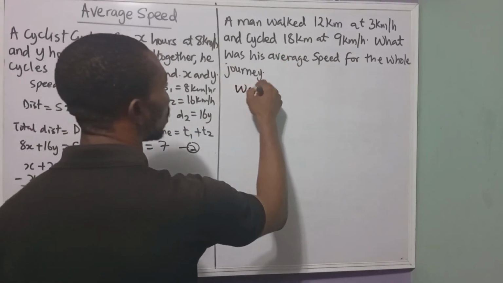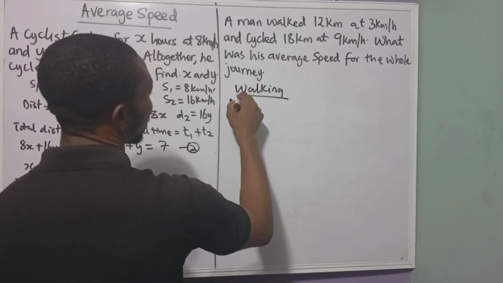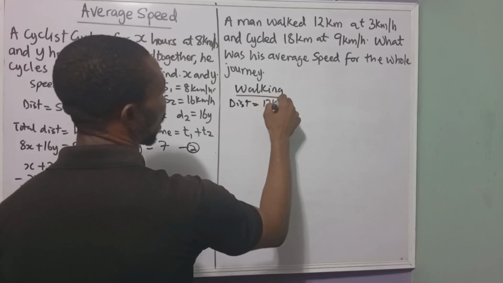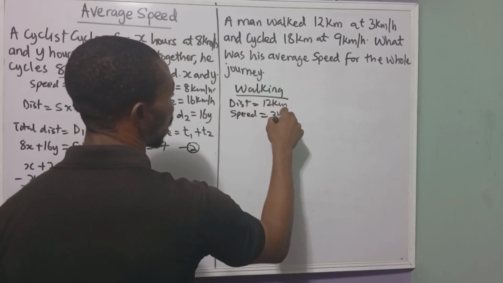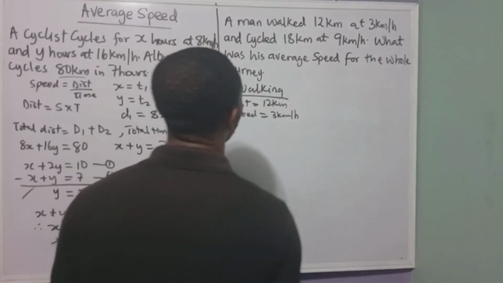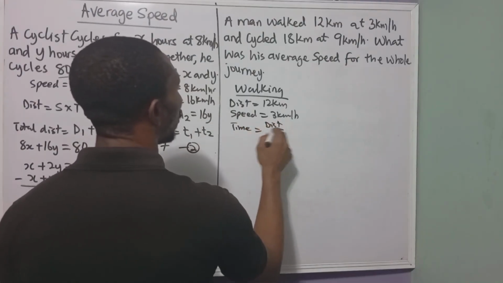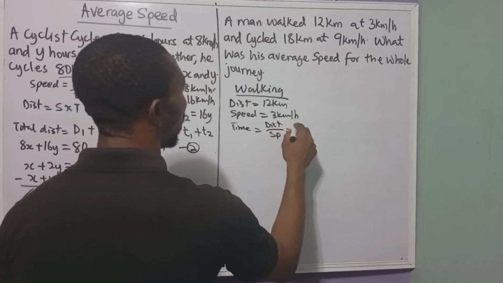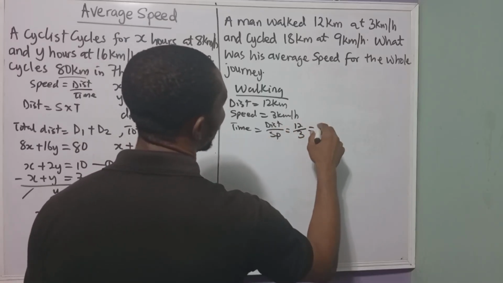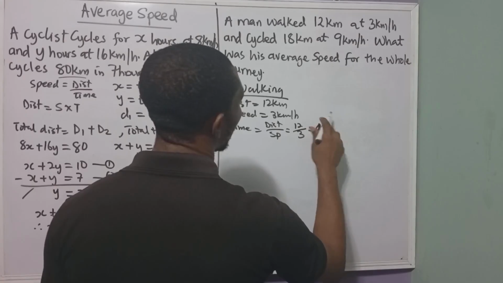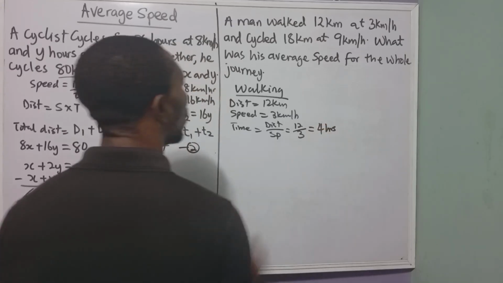For the walking, the distance covered is 12 kilometers and speed is 3 kilometers per hour. So the time, which is distance over speed, will be 12 over 3, which is 4 hours.